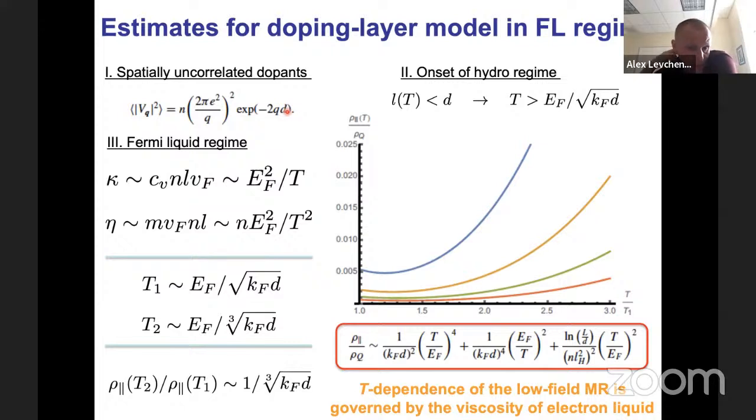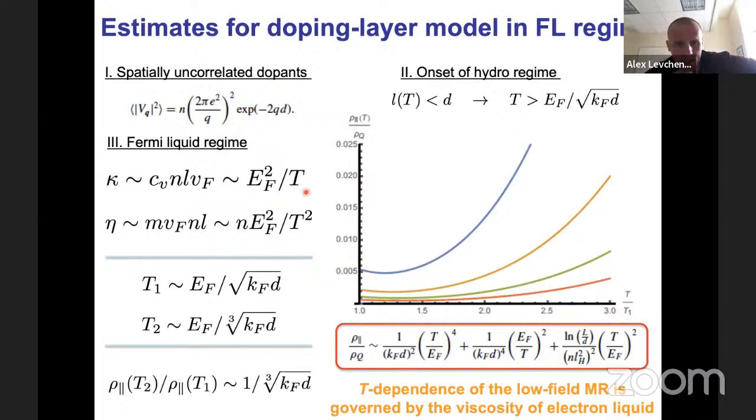So I could translate the spatial average to momentum space, reciprocal Fourier space, and do this averaging in Q. In Fermi liquids, we know what the thermal conductivity is from the seminal work of Abrikosov and Khalatnikov and generalizations to 2D, up to some logs and factors. So thermal conductivity is Fermi energy squared over temperature. Shear viscosity is Fermi energy squared divided by T squared and times particle density.